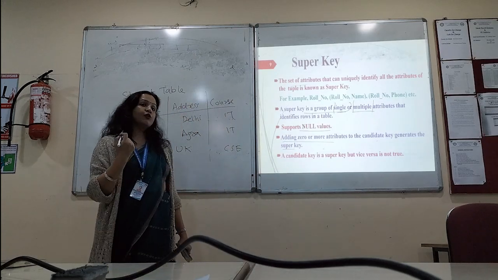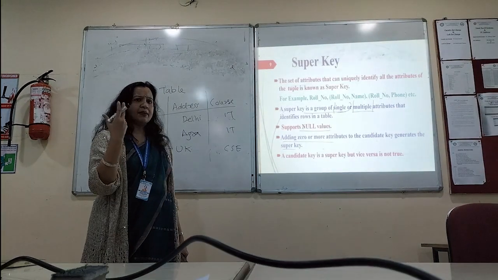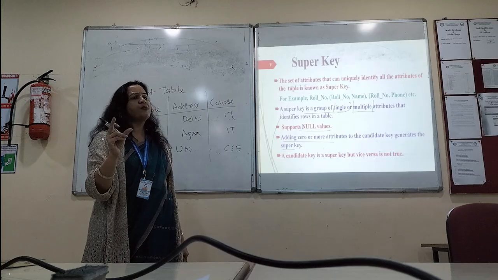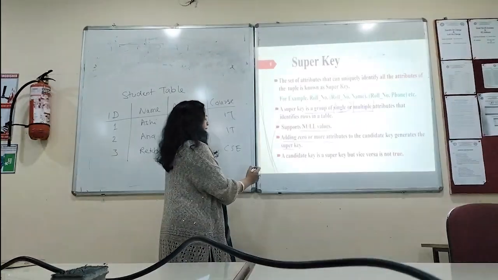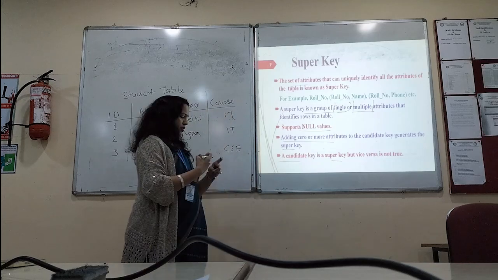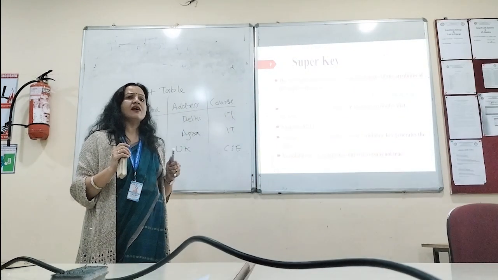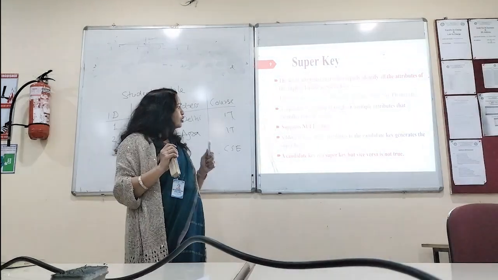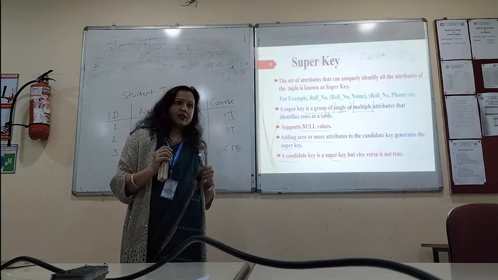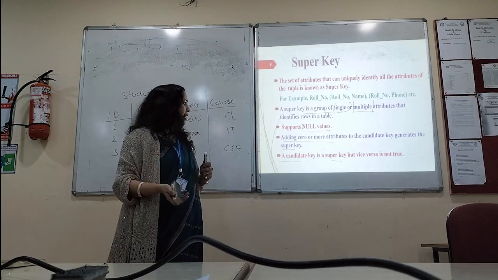So if we add more attributes, maybe zero or maybe more, to the candidate key, it will become the super key, right? Next point is a candidate key is a super key, but vice versa is not true. A candidate key can be a super key, but all super keys cannot be candidate keys because they may contain null values or may not identify the rows.